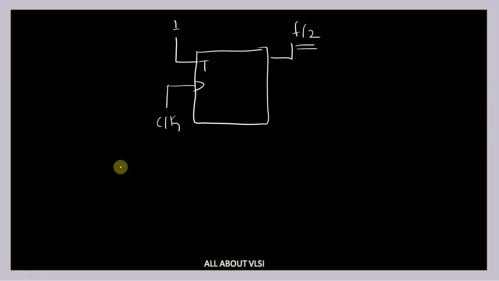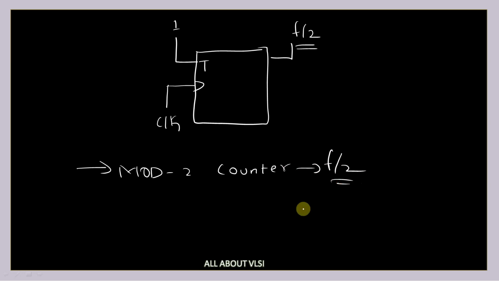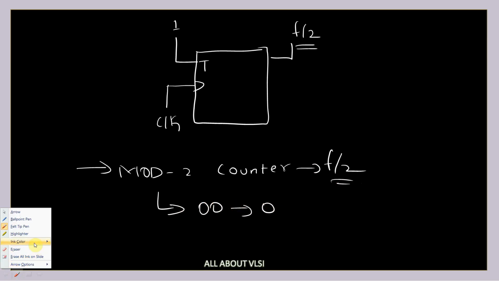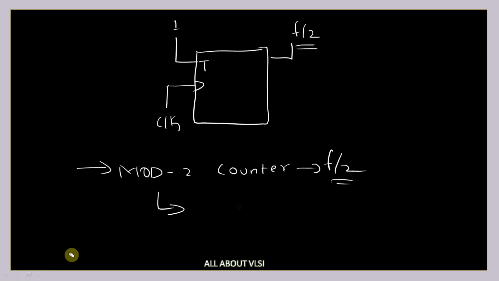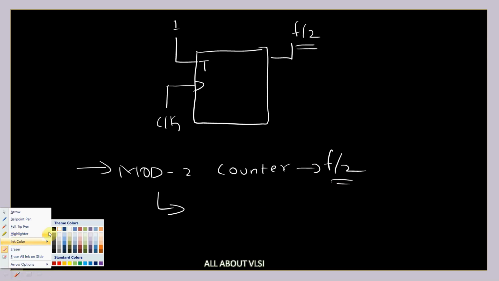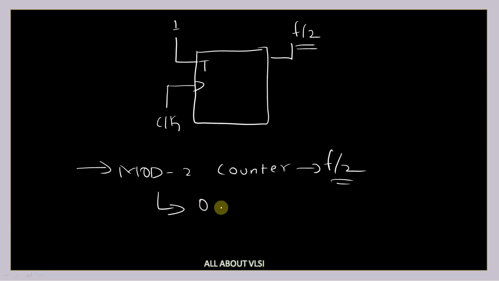Or else you can also have a mod 2 counter for getting your frequency division by 2. This we have already discussed in our previous sessions. Your mod 2 counter is going to have only one bit, so it has the count sequence 0, 1, next 0, next 1, next 0.